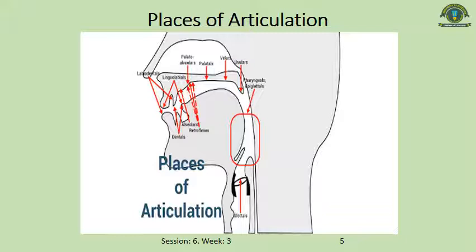And in front of that we can see the Adam's apple. Okay? And then watch, the airstream is going upwards, and over there all the speech organs are working, collaborating in accordance with the requirement of the speech sound. As I told you, for example, during the 5th session, I referred to something about neurology.